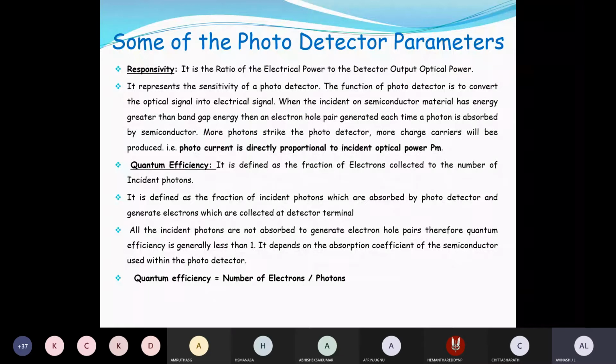So how much current is being generated, or what is the fraction of electrons collected relative to the number of incident photons? That gives an idea of quantum efficiency.